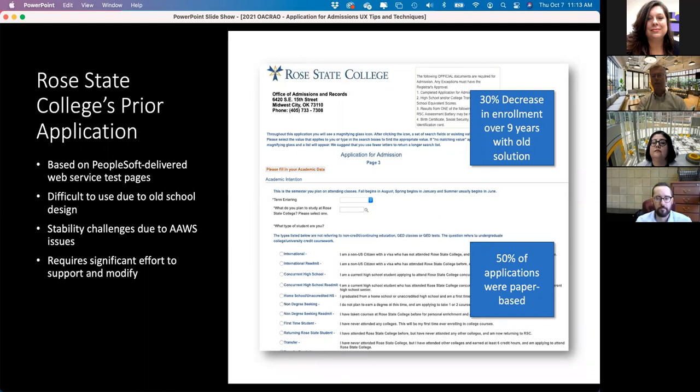The belief was that over a 9-year period, enrollment had been going down, and one of the culprits was the engagement of how students actually start engaging with the institution from an application perspective. Dustin, is there anything else that you think we should add?